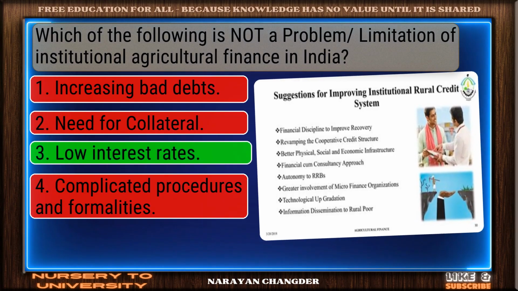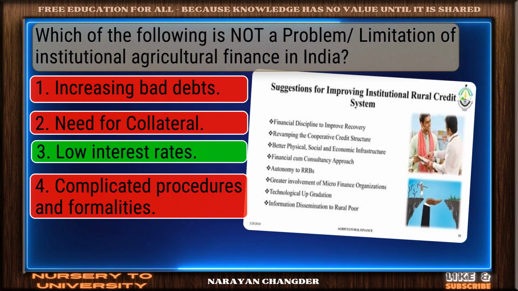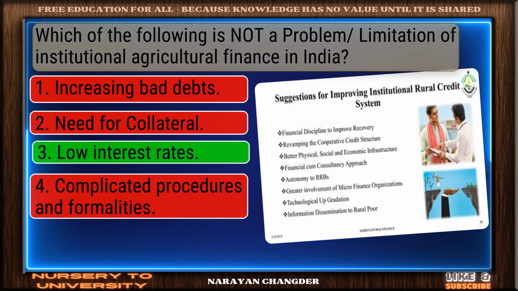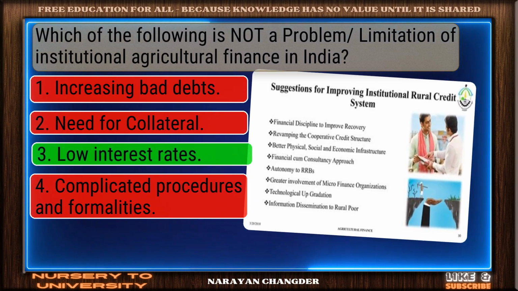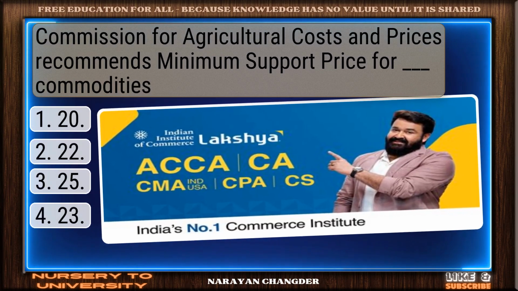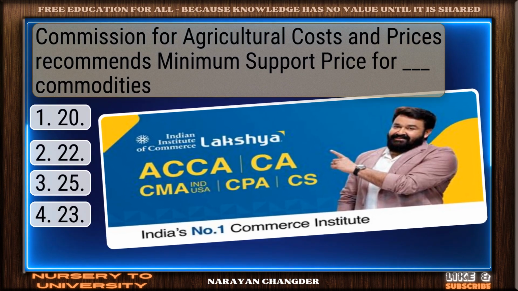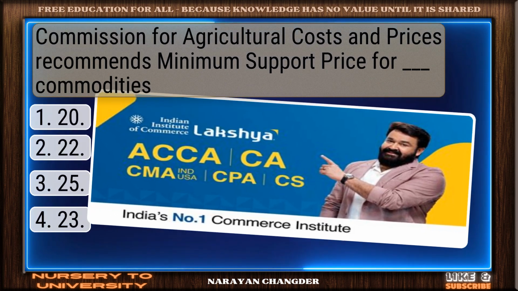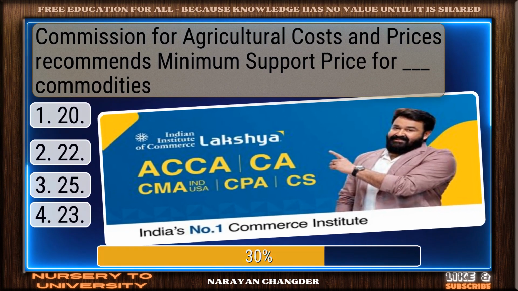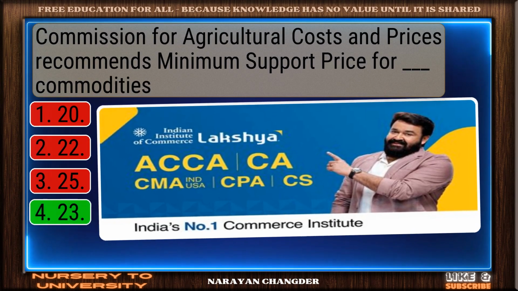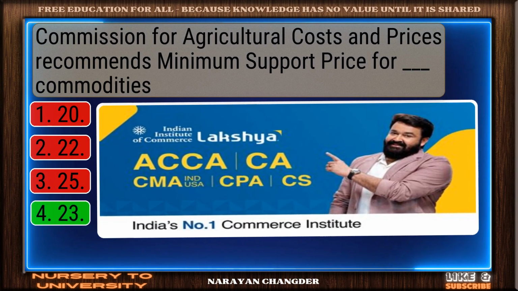Clear logic. Your choice, low interest rates, is sound and 100% true. Commission for Agricultural Costs and Prices recommends minimum support price for commodities. Nicely done. 3 is a solid answer.